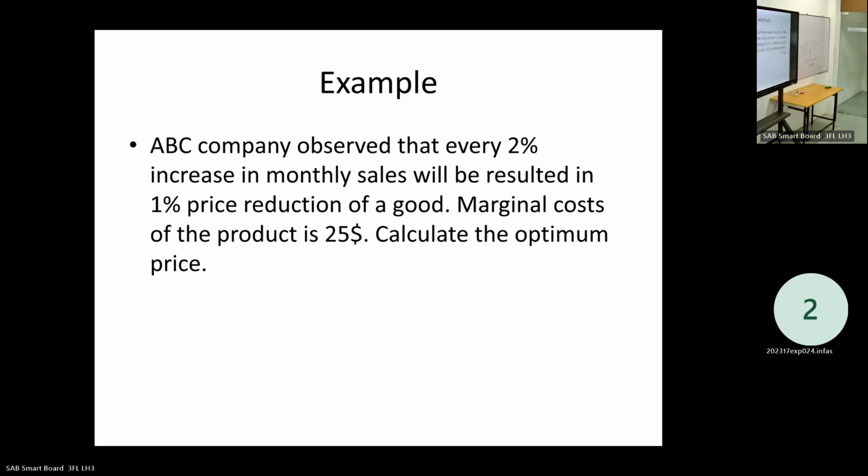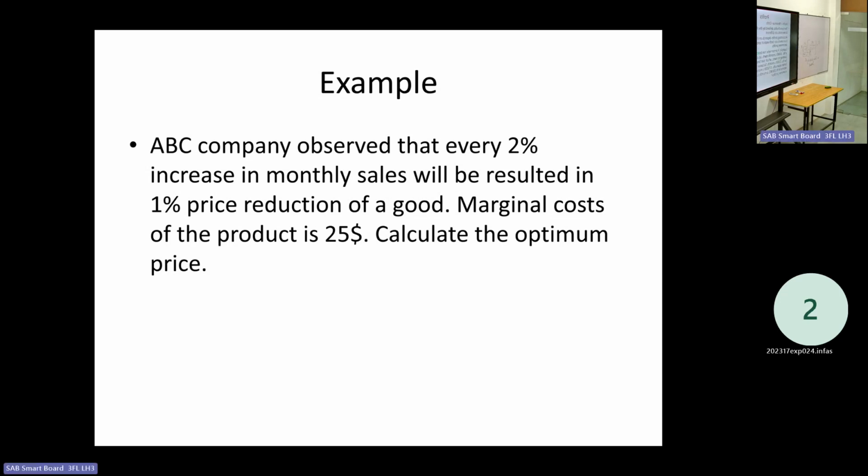If you know this equation, marginal revenue equals price times 1 minus 1 over E, then by rearranging it you can identify the price function, which will be the optimum price.